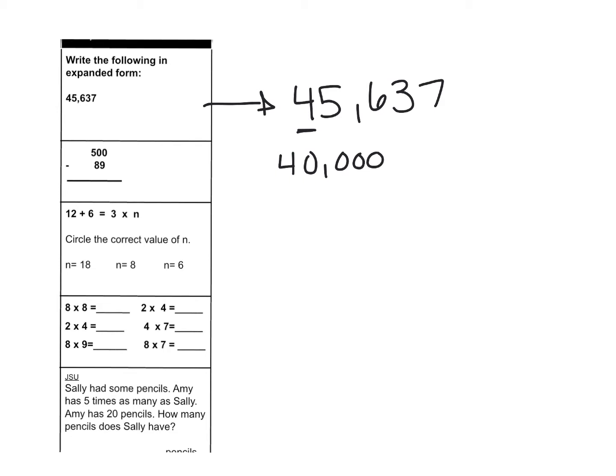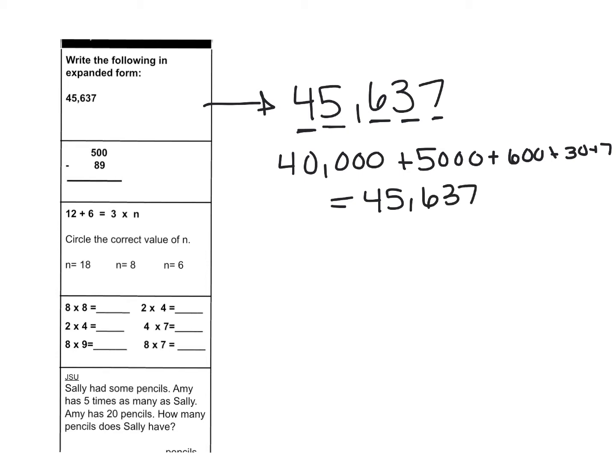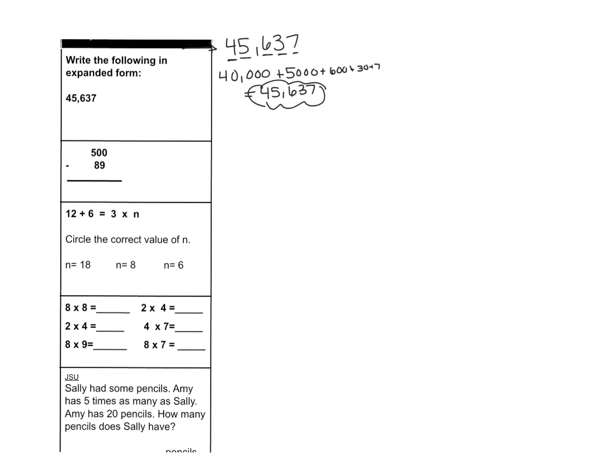So 40,000 plus 5,000 plus 600 plus 30 plus 7. I had to write really small to fit it all in. And that equals 45,637. Take a look at yours and see if it looks like that.